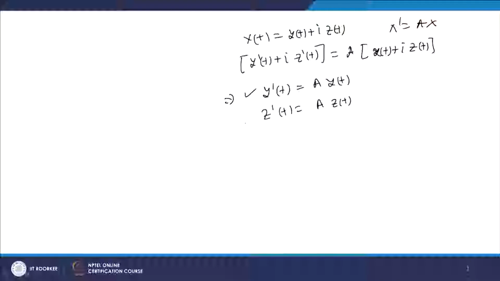So y(t) and z(t) separately satisfy the system x' = Ax, and hence the real part and imaginary part of x(t), that is y(t) and z(t), are also solutions of x' = Ax.